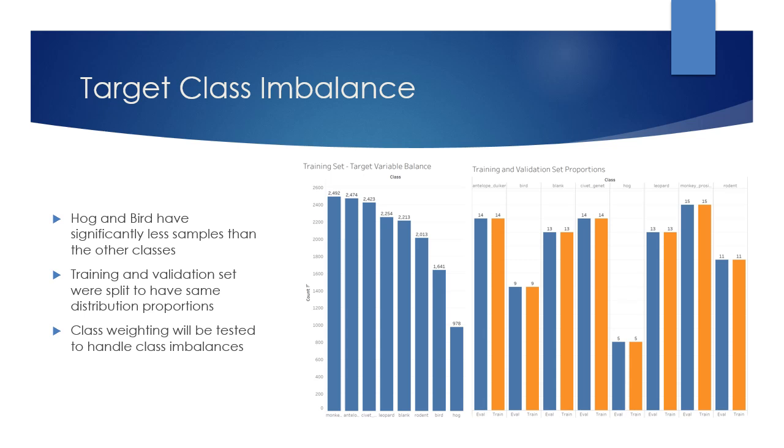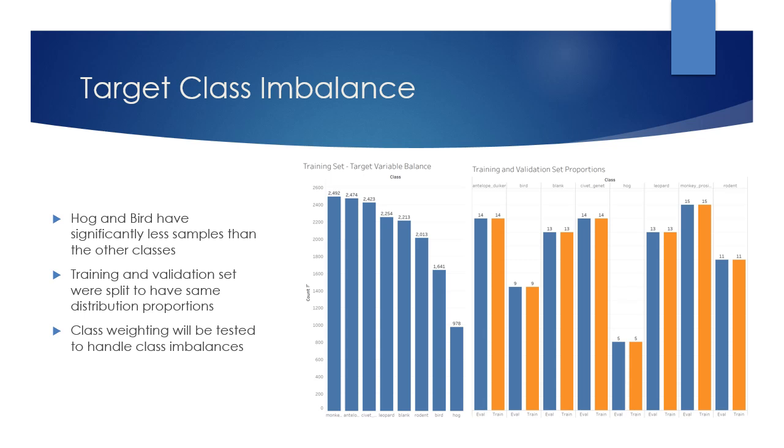Now, the target class imbalance. For my first visualization, you'll see right here that there is an imbalance in the target class. Hogs and birds have significantly fewer samples than other classes. Especially the hog class is very underrepresented.